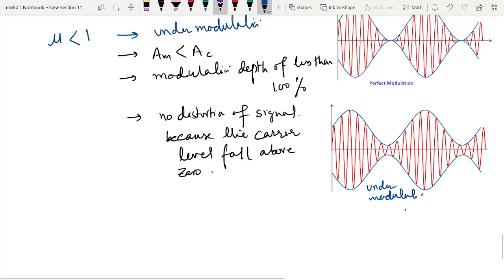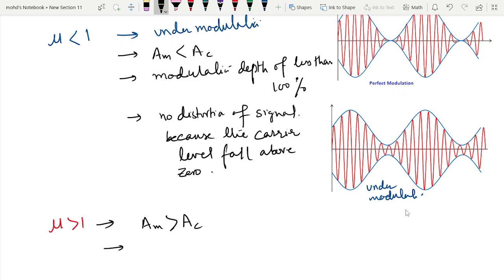Now the third case is when we have a modulation index greater than 1, which is called over modulation, and it occurs when Am is greater than Ac, and it causes a severe distortion of the signal. Generally we avoid the over modulation case.